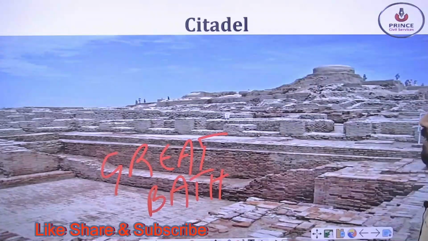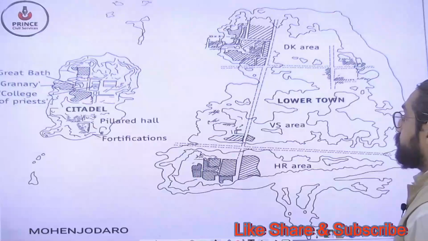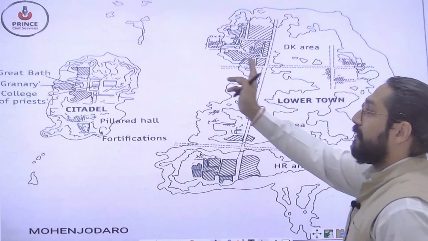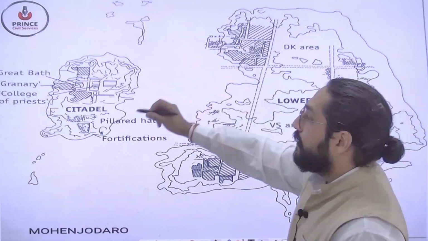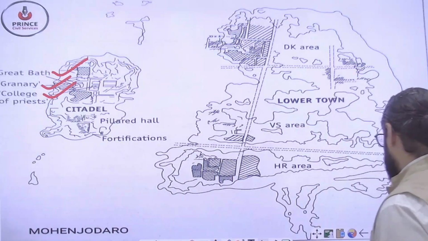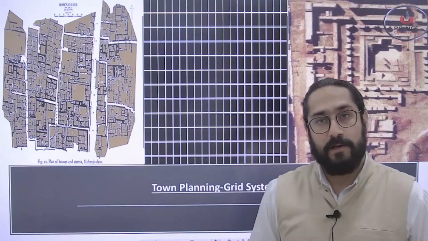So this is one of the real life images of this Citadel. You can see in this also, Citadel smaller, Lower Town larger, west direction, east, all the important public structures, they were located in the Citadel. So I hope you have got an idea about the Citadel and the Lower Town.